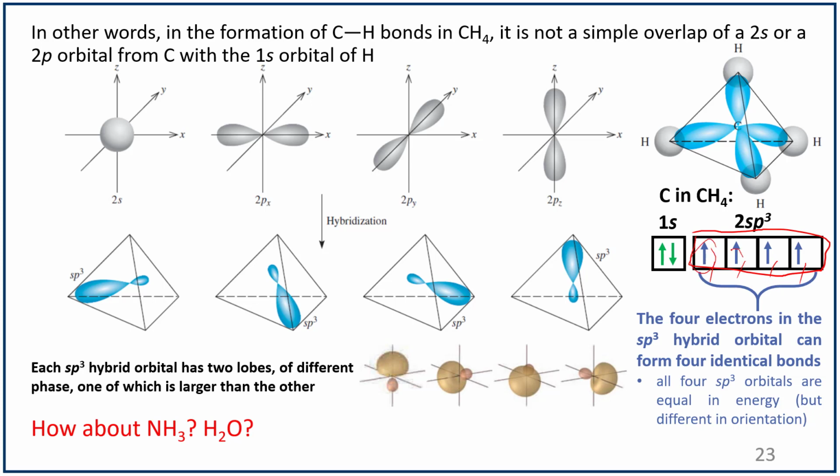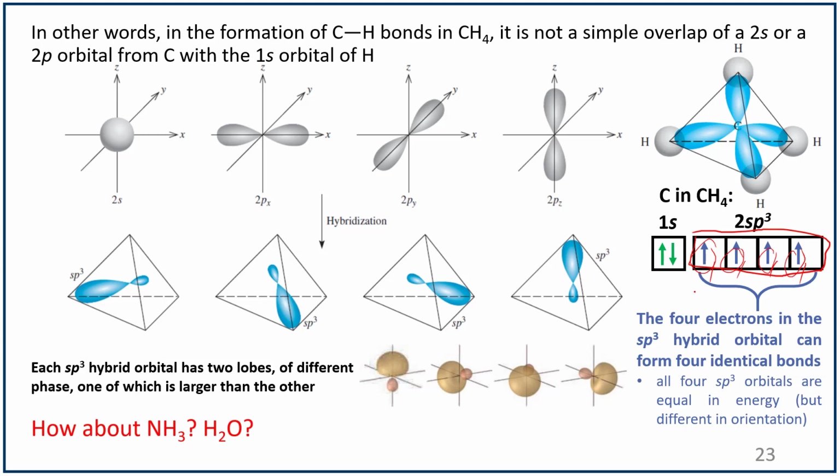Then these valence electrons will form equal bonds when forming bonds with 4 atoms of the same element, for example, hydrogen in methane.